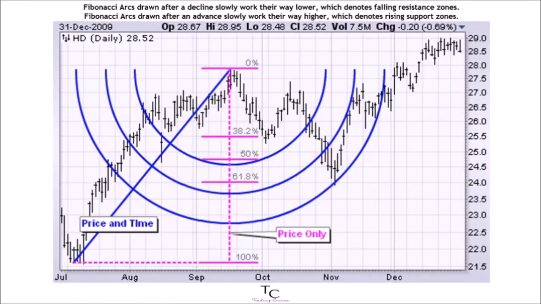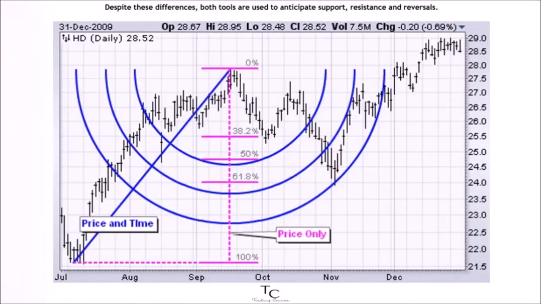Fibonacci arcs drawn after a decline slowly work their way lower, which denotes falling resistance zones. Fibonacci arcs drawn after an advance slowly work their way higher, which denotes rising support zones. Despite these differences, both tools are used to anticipate support, resistance and reversals.